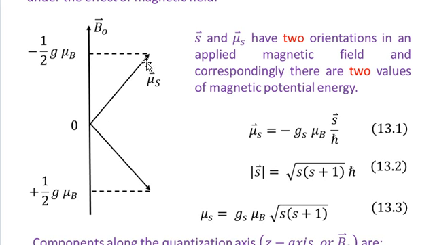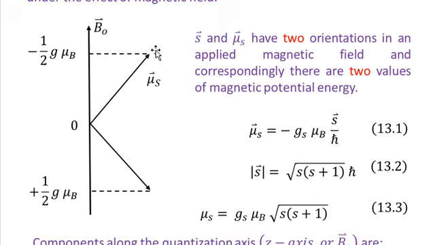So you see that this spin magnetic moment, whether it is directed along the positive direction of B naught or along the negative direction of B naught, where I have shown both directions, then mu s will precess either along the positive direction of B naught or along the negative direction of B naught.